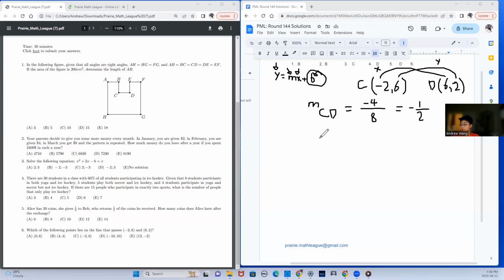Point D has the y-coordinate as 2, so we set 2 equals the slope we have found, -1/2, times the x-coordinate. X-coordinate is 6. So times 6, and then plus b.